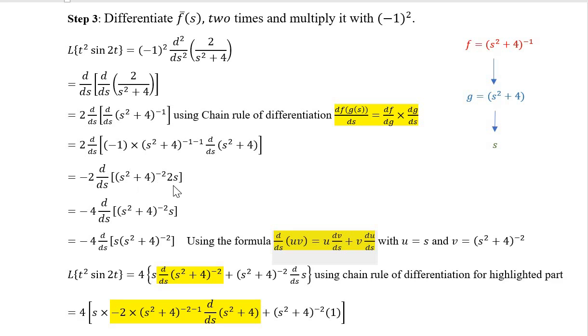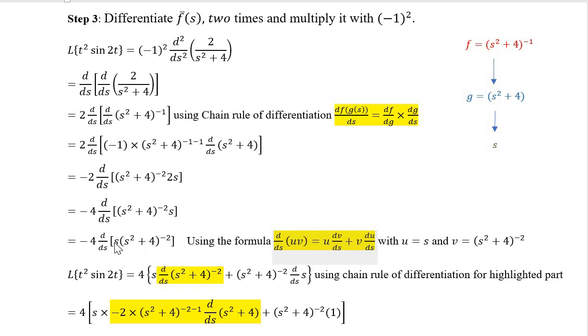So, it is minus 2 into 2 is minus 4, s square plus 4 raised to minus 2 into s. That is minus 4 into s into s square plus 4 raised to minus 2.